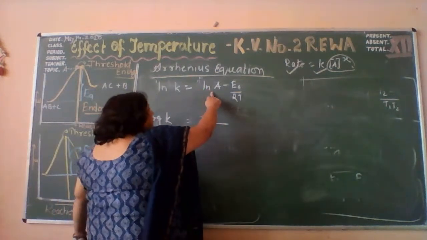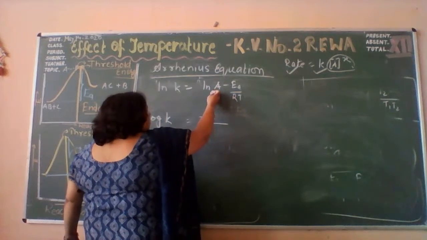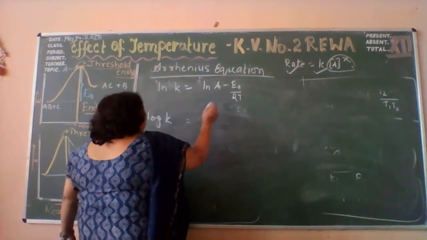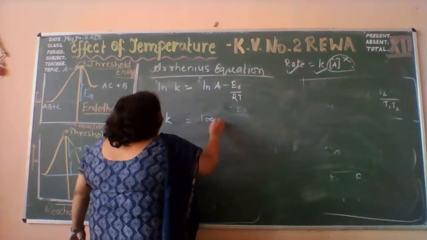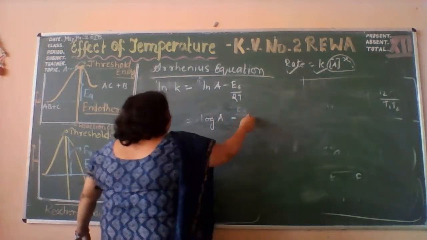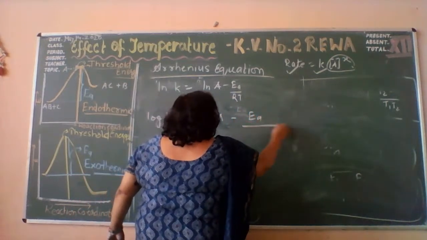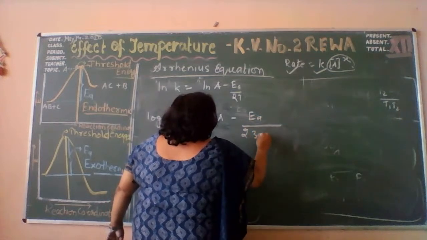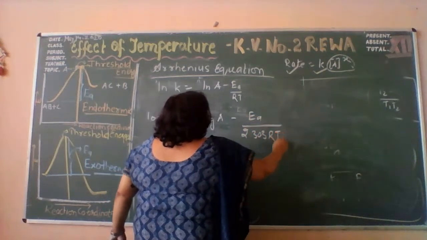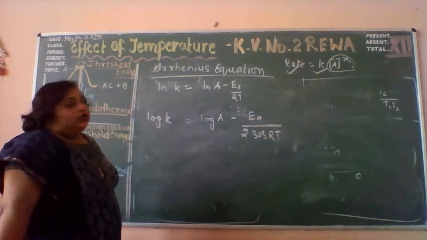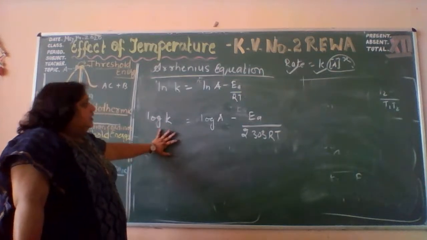I'm not skipping the step: log K equals log A minus EA upon 2.303 RT, if I have converted it in terms of log base 10.